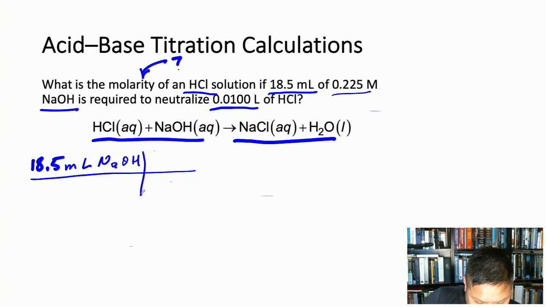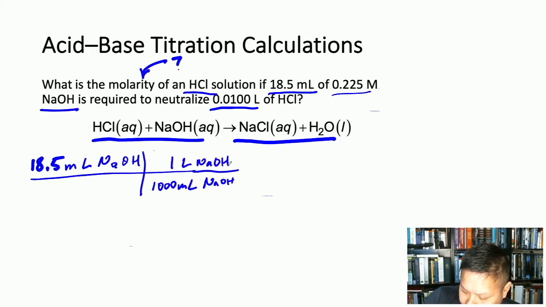So I want to get rid of milliliters. So for every 1,000 milliliters of NaOH, I have 1 liter of NaOH. And now I want to be able to convert to molarity, or do a 1-to-1 molar ratio with the molarity of the acid.